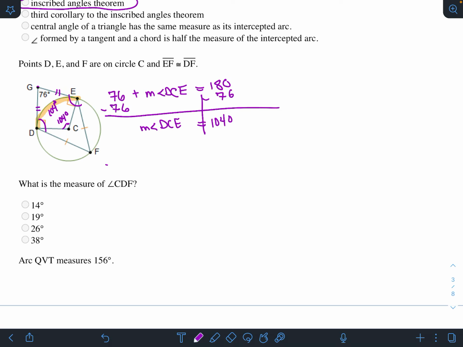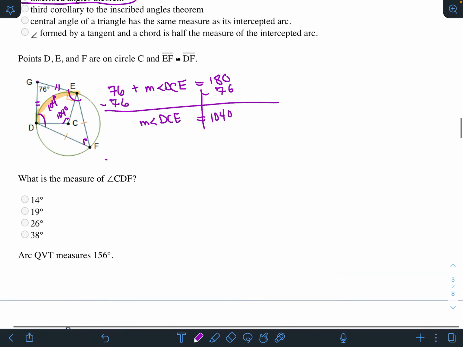Okay, from here, we will find the measure of angle F. So angle DFE is an inscribed angle. And I know that the measure of the inscribed angle DFE is going to be 1/2 the measure of the intercepted arc.